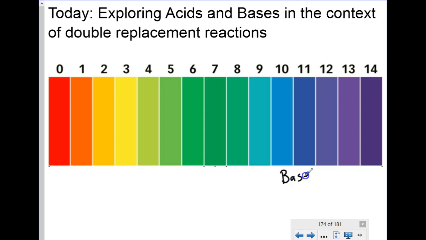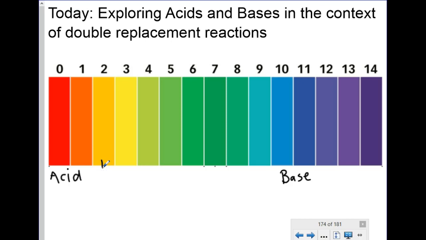In the second part of the lab, you had to start off with some acid in one part, a test tube, for example, and a base in another test tube. And then you combine them together, and you saw a color change. For some of you, the color change ended up right here.